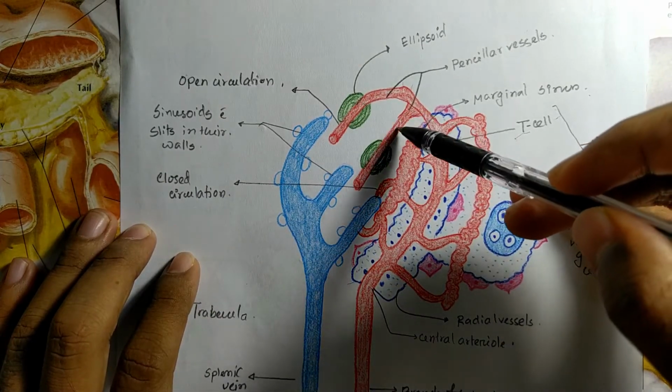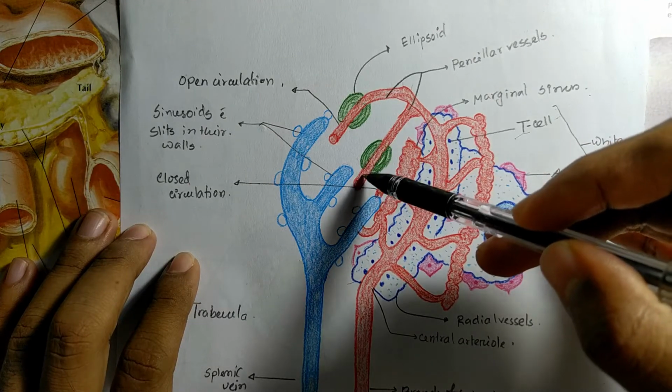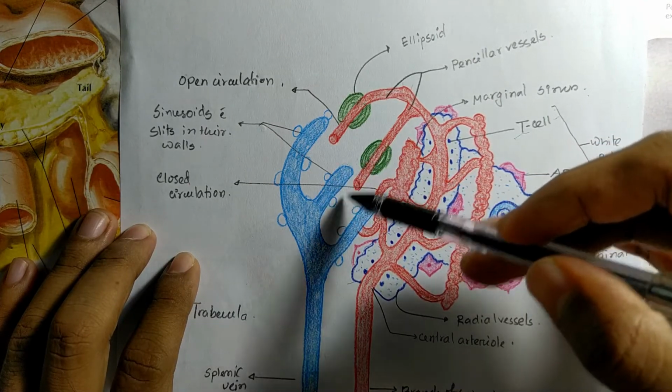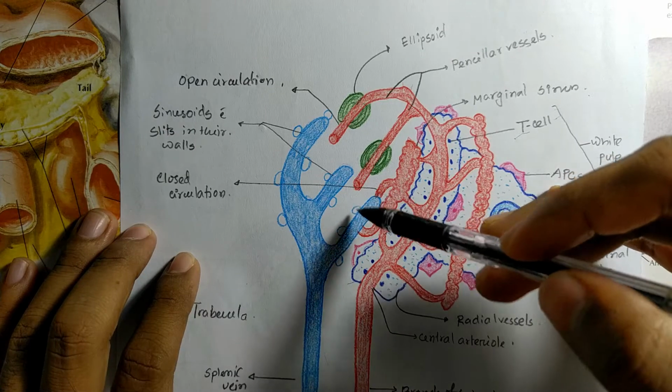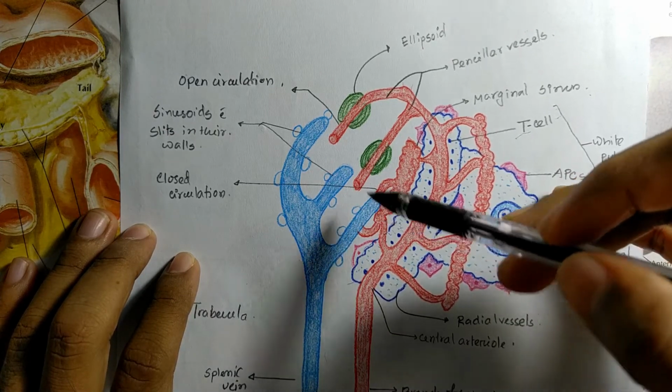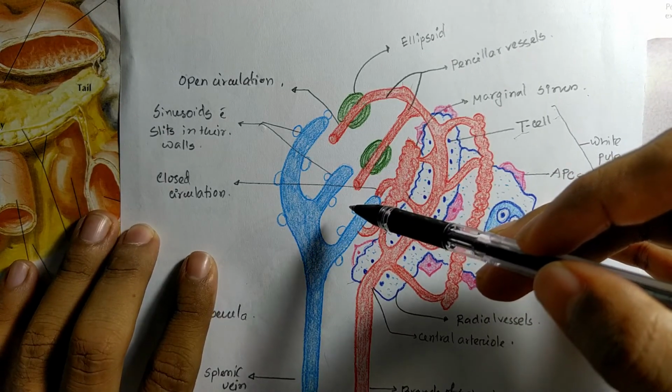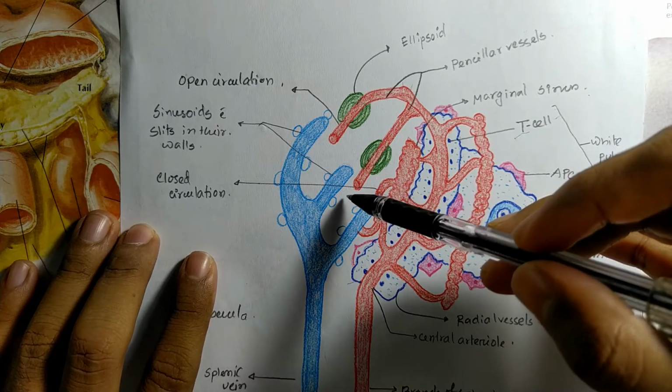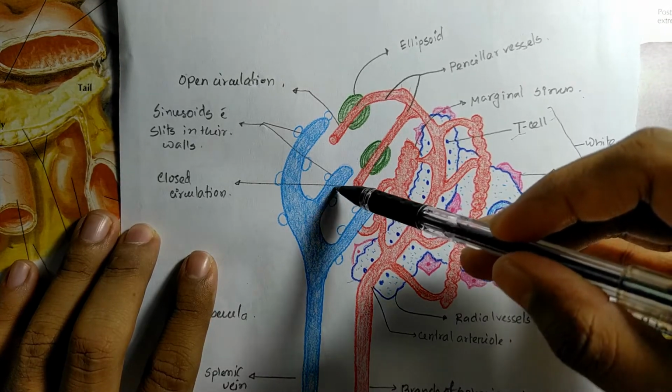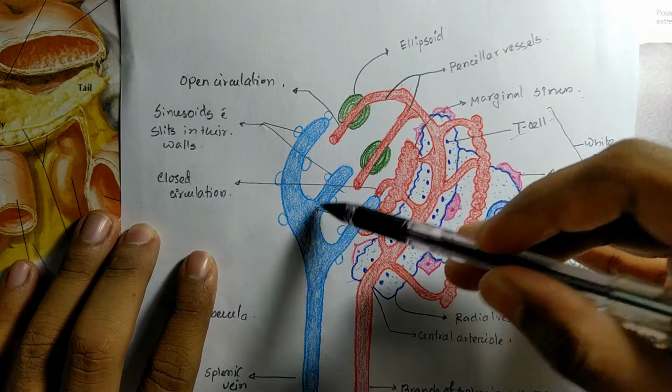When the artery comes to the intersinusoidal area, the defective or aged RBC cannot enter the venous sinus.